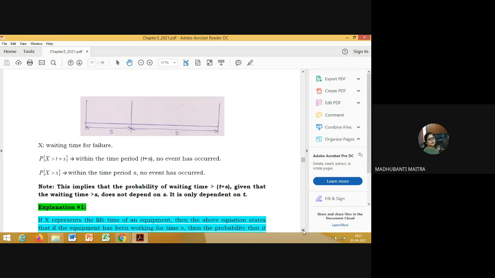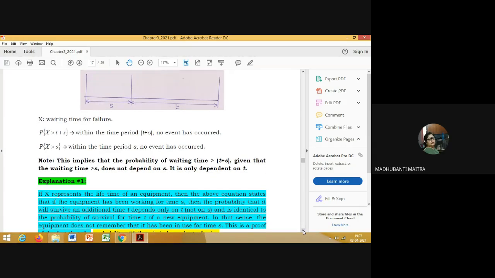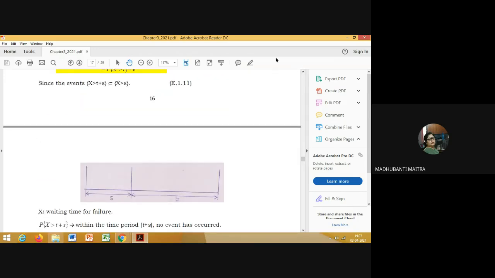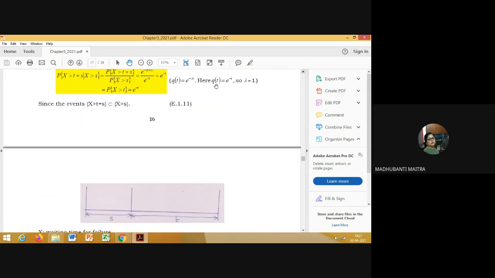So this implies that the probability of waiting time greater than t plus s, given that the waiting time is greater than s, is basically the explanation of this result, e to the power minus lambda t.